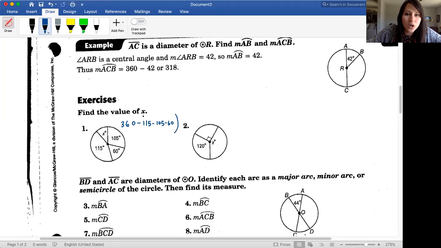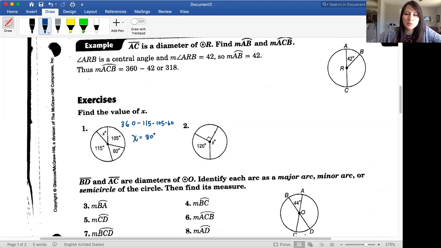Or you could subtract the total of these all added together. So either way is fine. If you want to just plug in your calculator and subtract all of them, you can do that. So I'm going to plug that in. And I'm left with 80 degrees. So x equals 80 degrees.